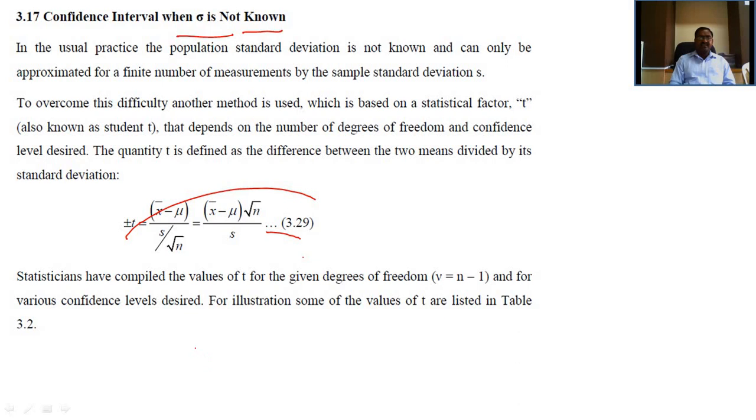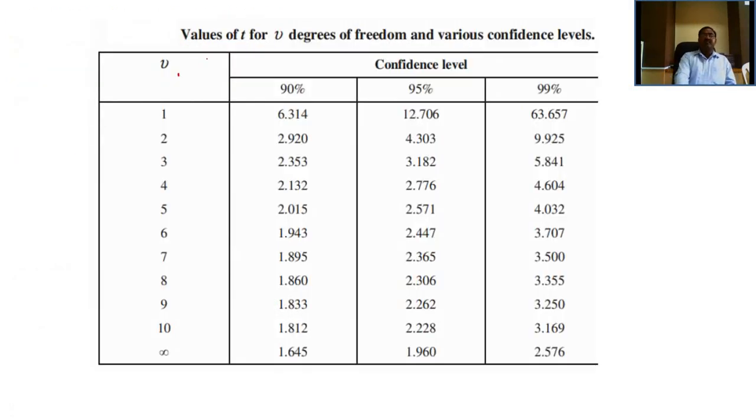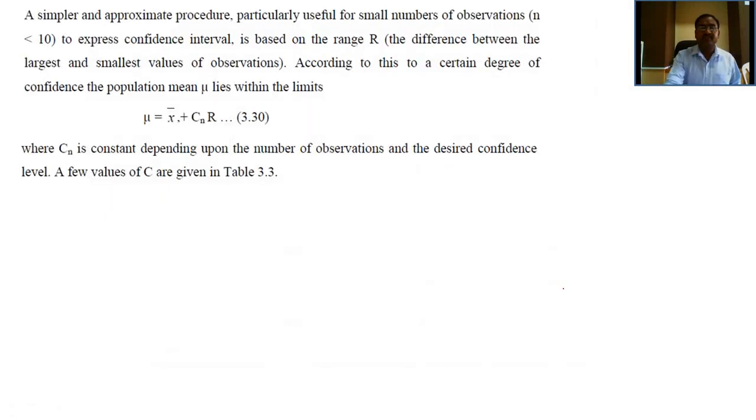The statisticians provide the values of t for given degrees of freedom, here n minus 1, and for various desired confidence levels, such as 90%, 95% and 99%, with respect to degrees of freedom.